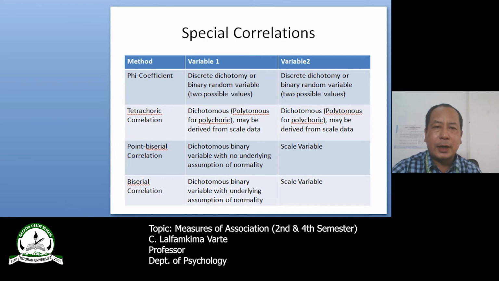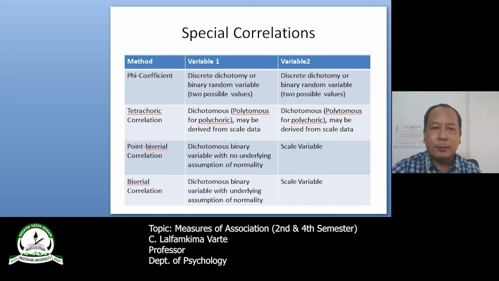And the third method of special correlation is the point biserial correlation, wherein we can have two different types of variables. The first type of variable can be considered to be a dichotomous binary variable with no underlying assumptions of normality, whereas the other variable can be a scale variable, which is having measurement at the interval or ratio level.